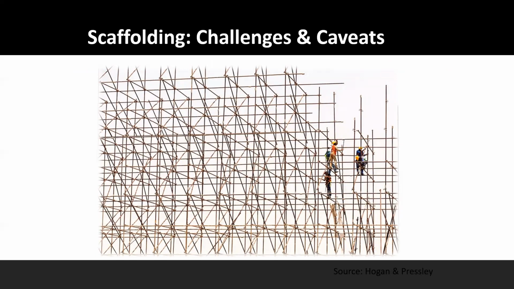And some of the challenges and caveats related to scaffolding, like we had talked about: you need to have information about the students' level of knowledge about the content, and that can be hard. If you're in a program where you've had students before, that's easier because you have some connection with them.